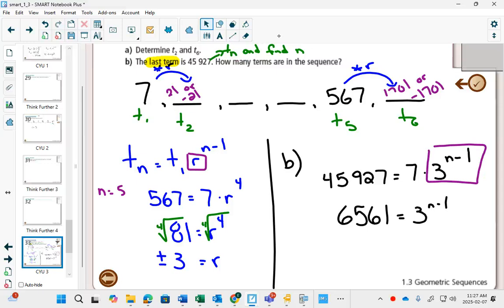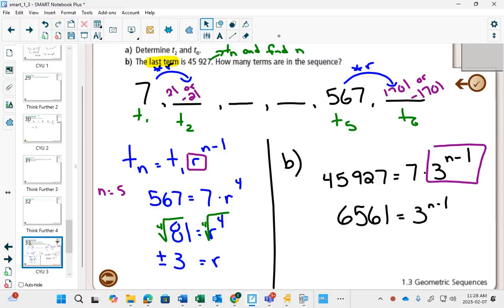Unfortunately, the algebra to solve this from this point requires grade 12 math. You would have to know how logarithms work and how to use them. No? So we're going to have to do a little bit of guessing and checking.